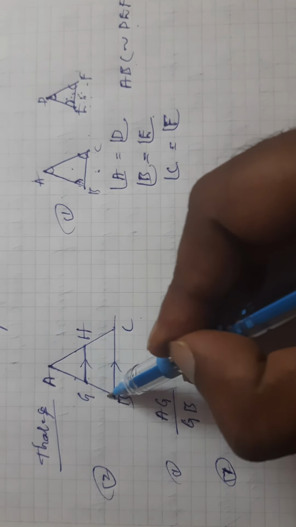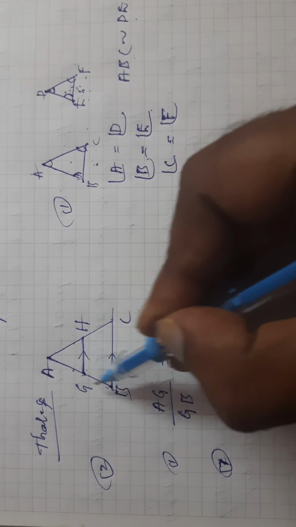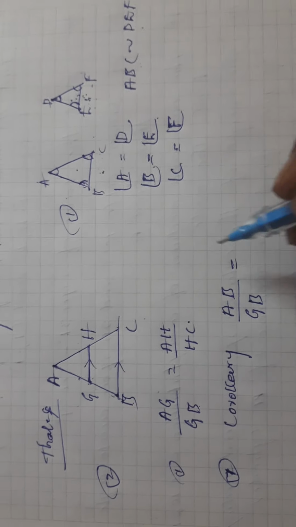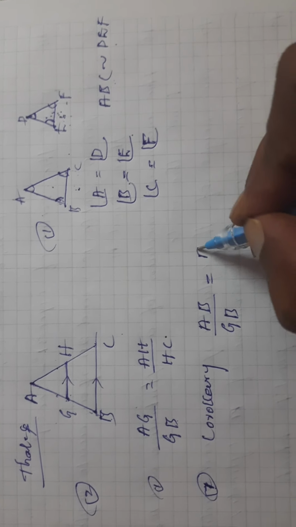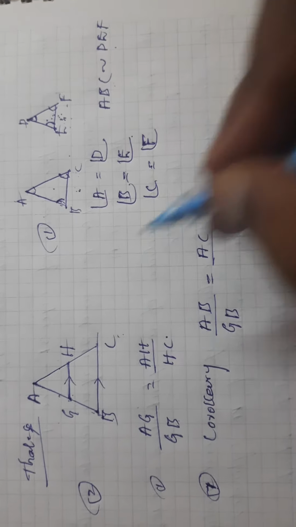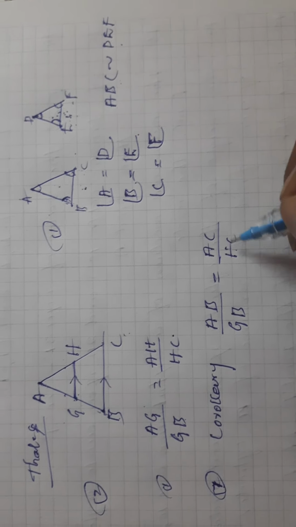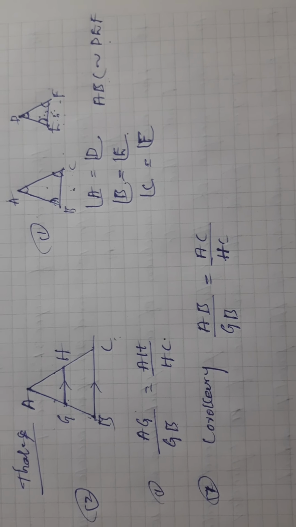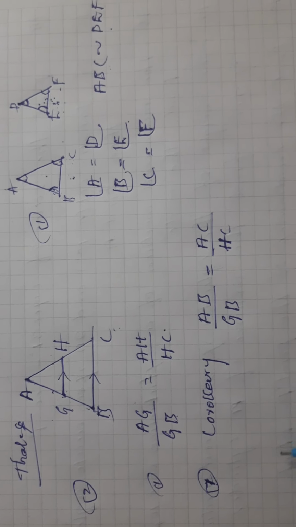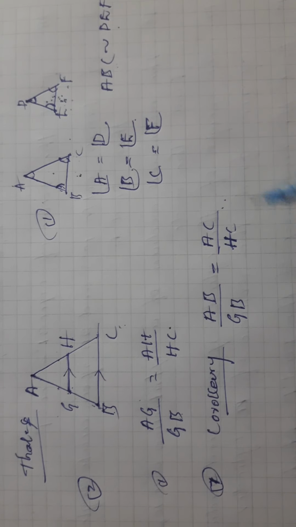AB, the full side, divided by GB is equal to AC divided by HC. This is the first corollary. You have to remember this.